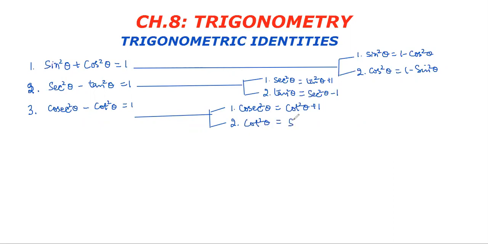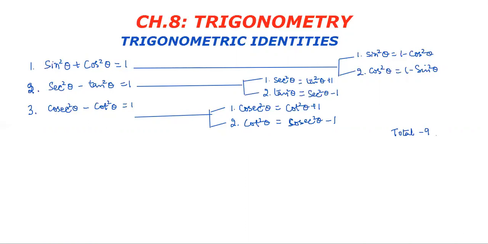So 1 should be subtracted from cosec square theta so that it becomes equal to cot square theta. This way we remember all these identities. So there are three main identities, and out of these three identities we get two more each. So in total 3 and 6, there are total 9 identities to remember.